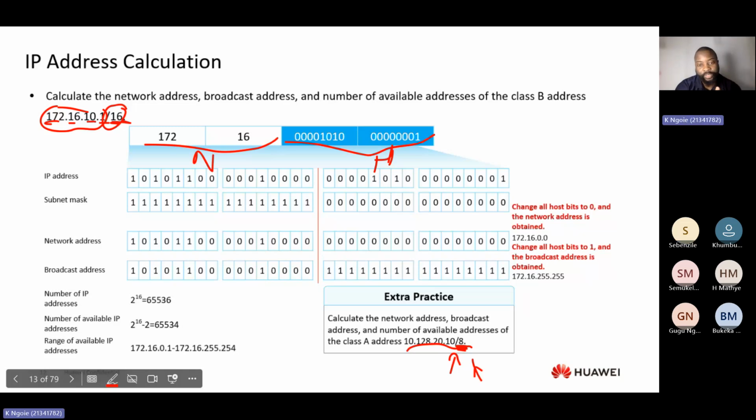No, no. The IP itself is 172.16.10.1. That's the IP, the network and the host together. And then you have that /16, which is just a prefix to tell you the network will only occupy 16.